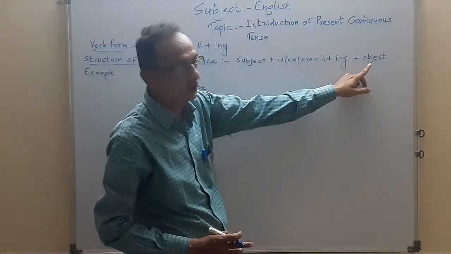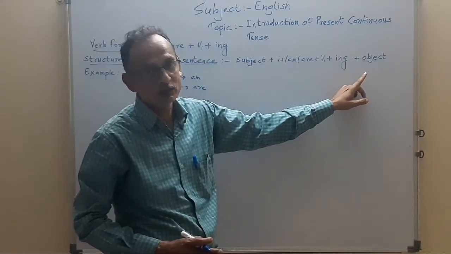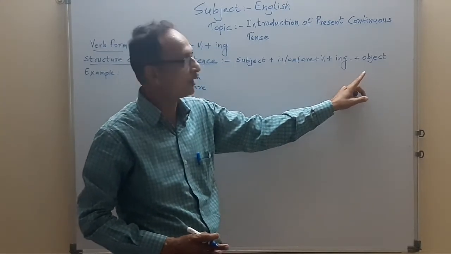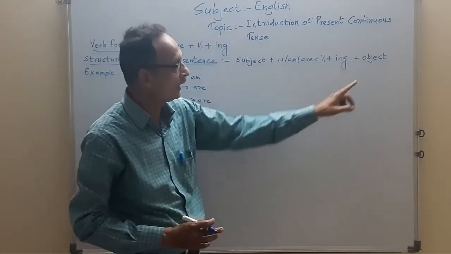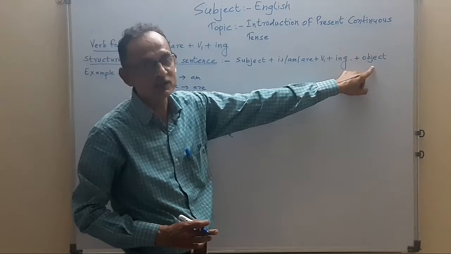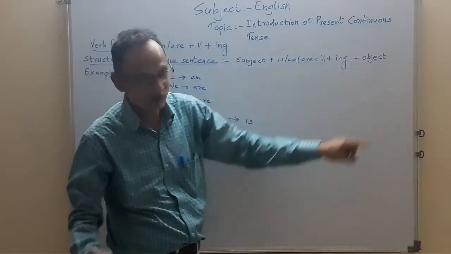At last we use the object. For that object we also use the noun and pronoun, but we should consider that when we use a pronoun in the place of the object we always use the objective case of the pronoun.